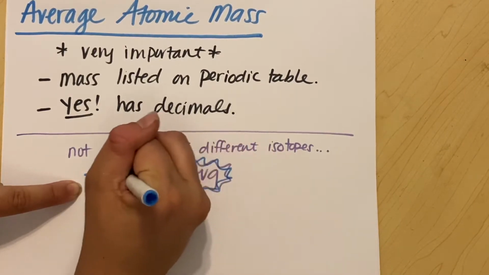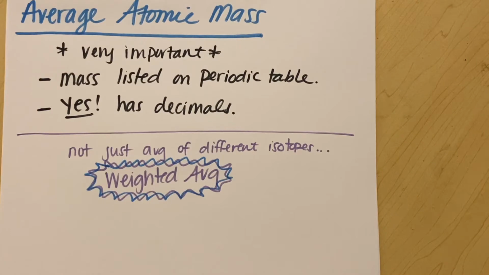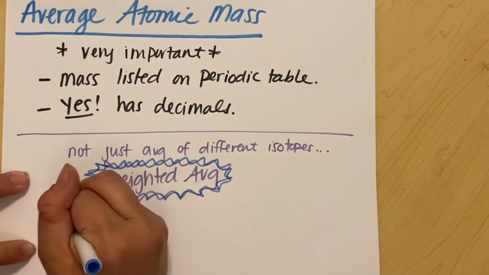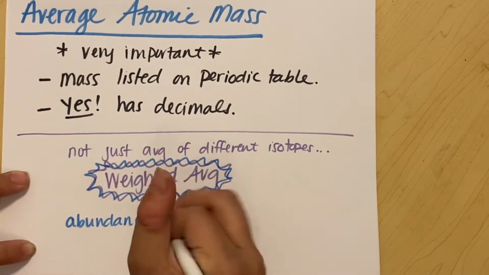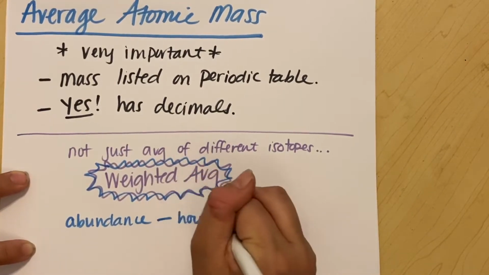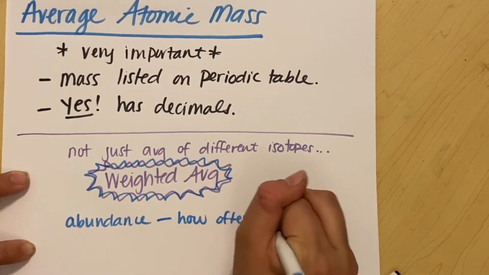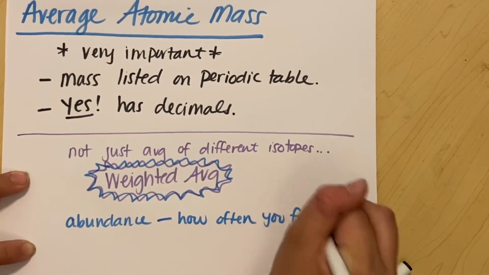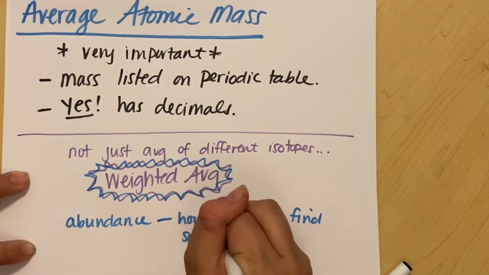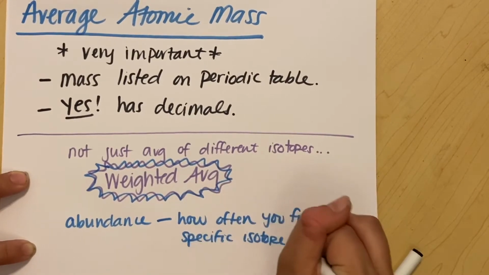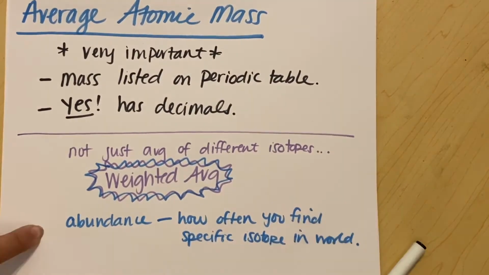And what does that mean? It just means it takes into consideration the abundance of these different isotopes, which just means kind of how often you find a specific isotope in the world. All right, we've defined it.